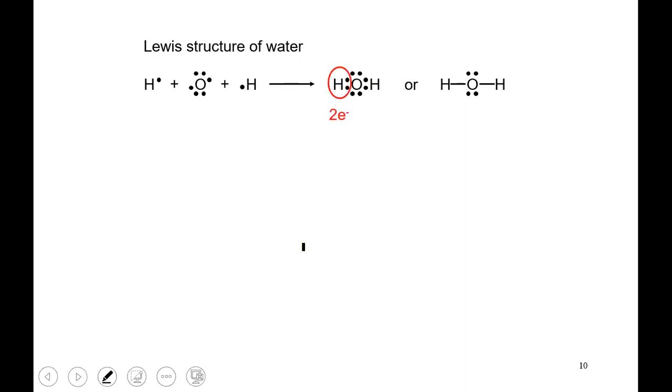Now the hydrogens only have 2, but remember, hydrogen is a small atom and all it can aspire to is a complete 1s shell. But that's it, 2 electrons, just like helium would, 2 electrons there. Again, notice that in the case of water, we have 2 single covalent bonds. In other words, there's 2 sets of pairs of electrons that are shared with hydrogen.